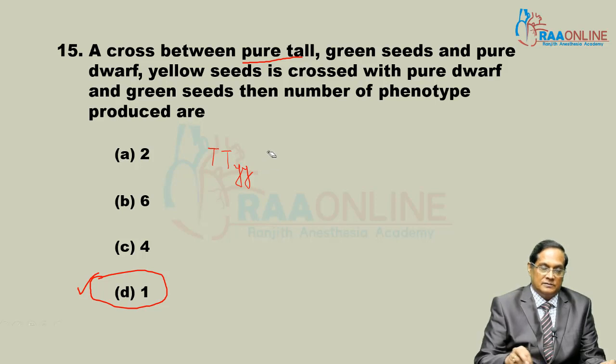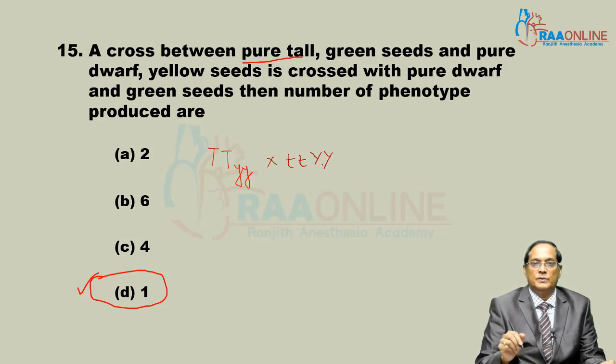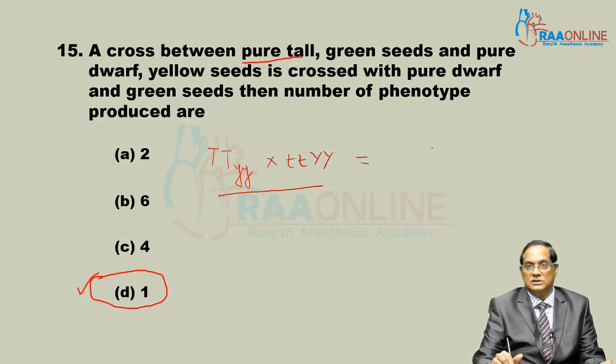That is small t, but for one feature it is dominant and pure, yellow color. Then the pure dwarf and green is crossed with the yellow seed, and there is only one type of phenotype, that is capital T, small t, capital Y, small y.